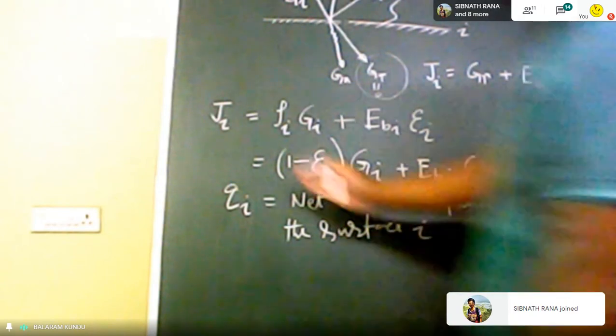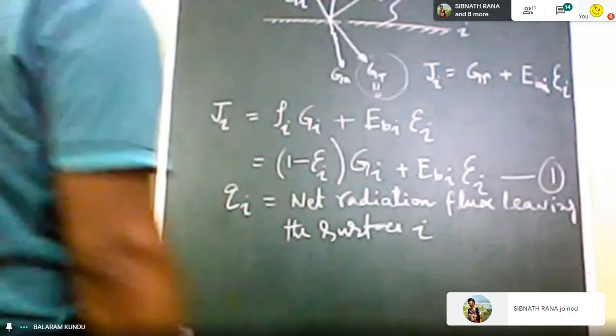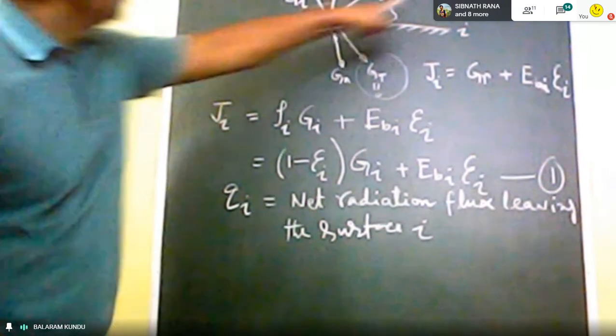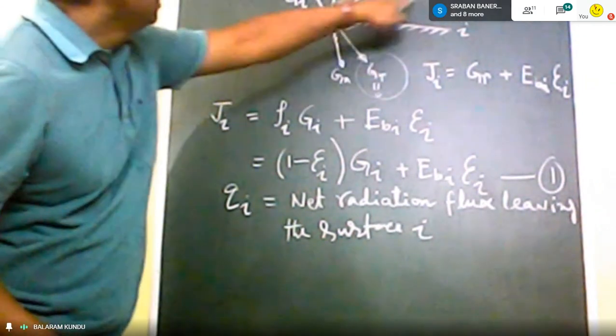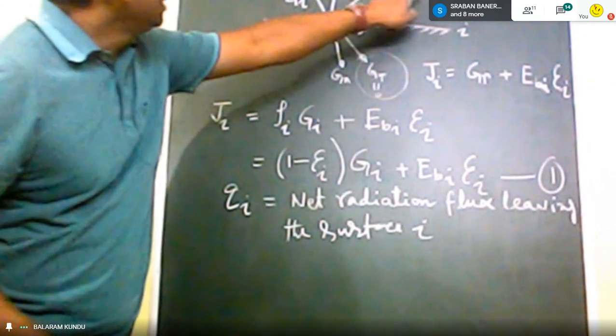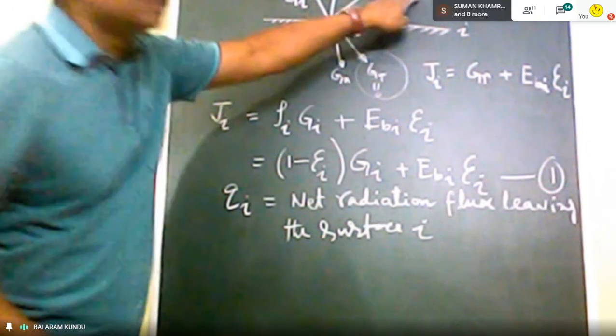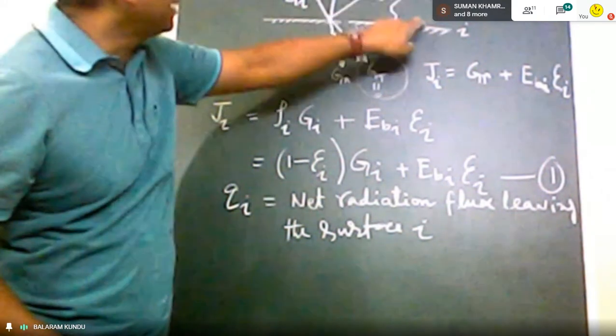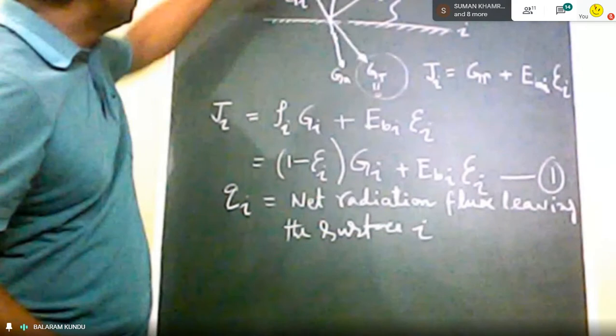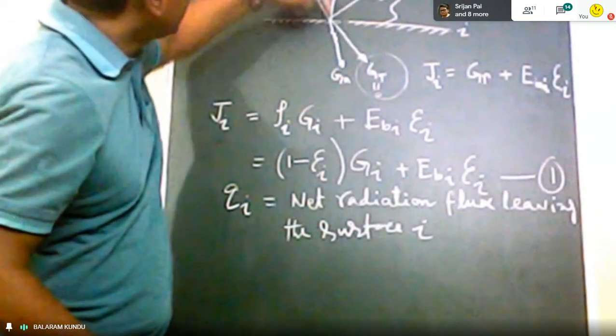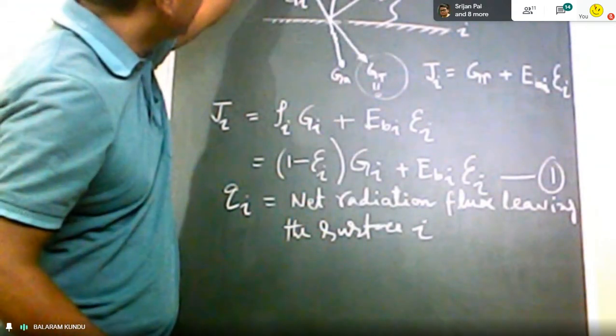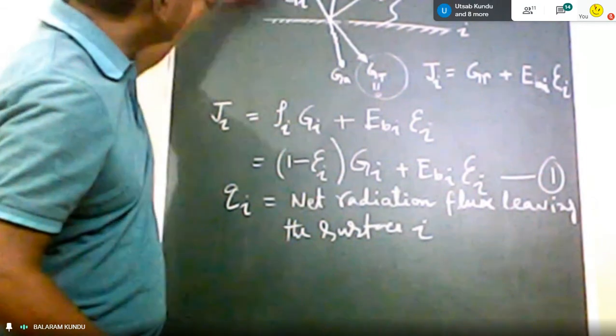You can see this diagram. Qi means net radiation flux leaving the surface I. That should be equal to Ji, the total radiation flux leaving the surface I, minus incident flux.